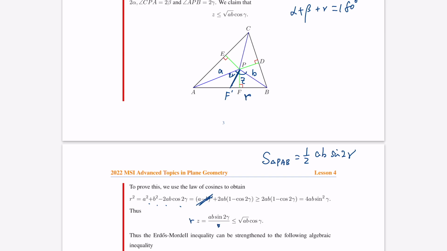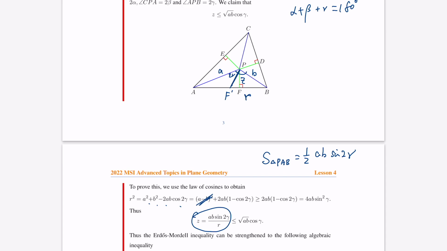So rz is equal to that, and I can essentially divide by r here. This equality is just by area consideration.